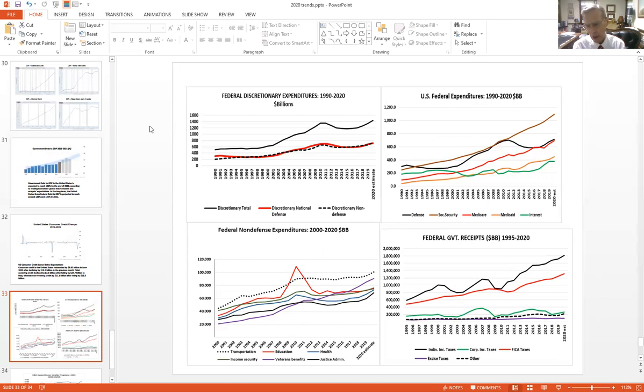But the kind of cuts we saw there are pretty significant. One reason for that is that a large portion of that black line includes military benefits, benefits to folks who have retired from the military. All those expenditures aren't for warfighting equipment.